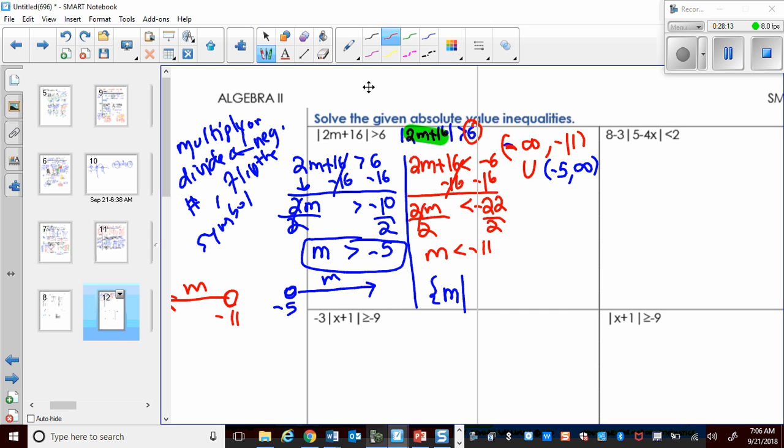Speaking of the first solution set, we have m is less than -11, or m is greater than -5. Close curly bracket. Okay? For the next one, moving on, I'm going to erase all of this. You can replay it and get the information that you need.